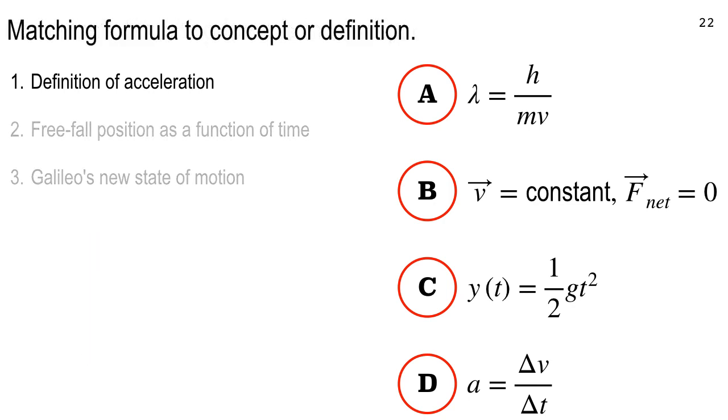Matching formula number 1. Which of these is the definition of acceleration? Go ahead and vote. Jet, I saw you whispering the answer. Okay, 5 seconds to vote, starting right now. 4, 3, 2, 1, 0.